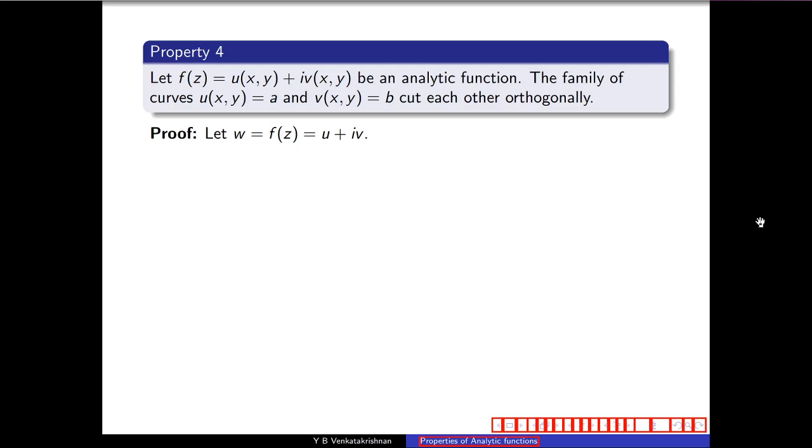Now while moving to the fourth property, as I told you, this property 4 is important from the physical point of view because it has a lot of applications. If you take the analytic function f of z equal to u plus iv, then the family of curves u is equal to a and v is equal to b cut each other orthogonally.